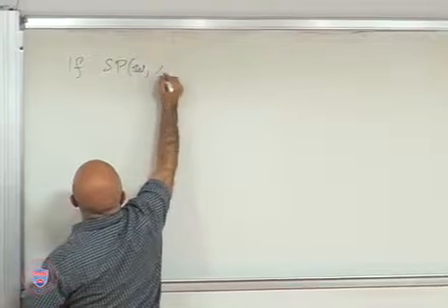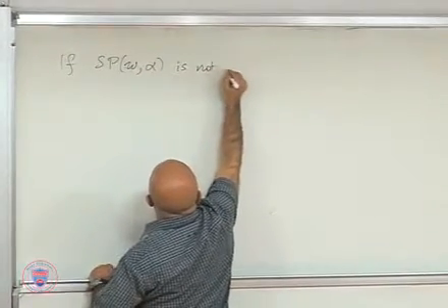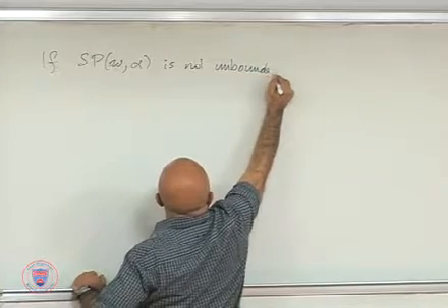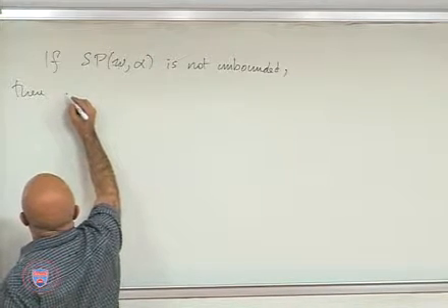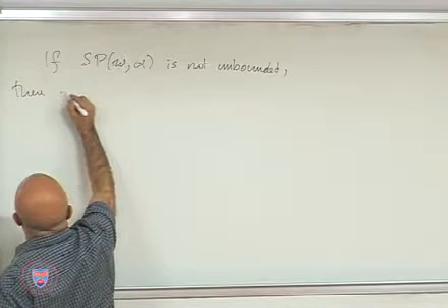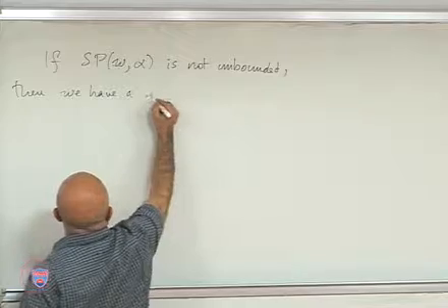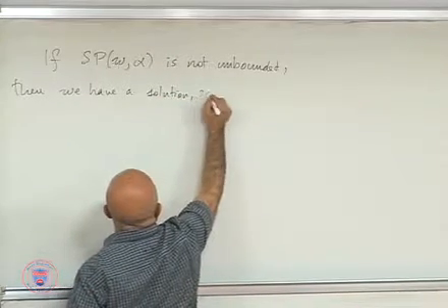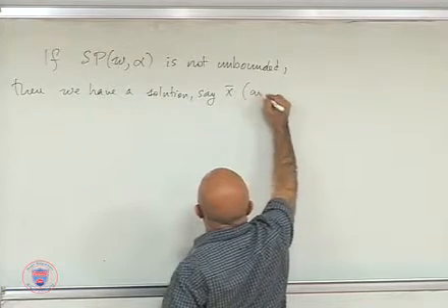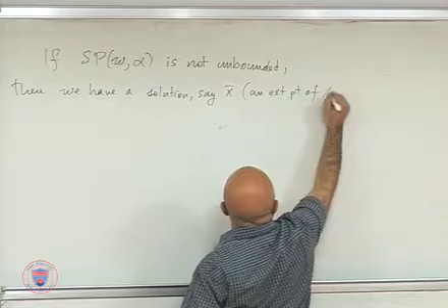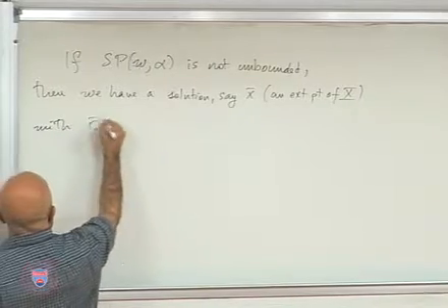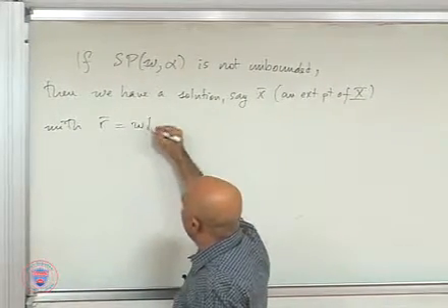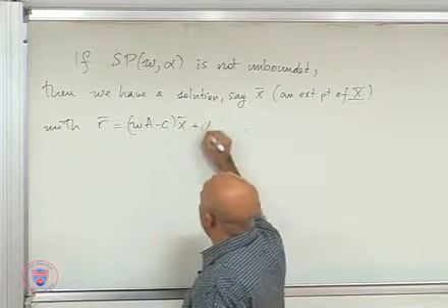So, if the subproblem defined by W alpha is not unbounded, then we have a solution, say x bar, which is an extreme point of X, with reduced cost, say r bar, which happens to be wa minus c times x bar plus alpha.